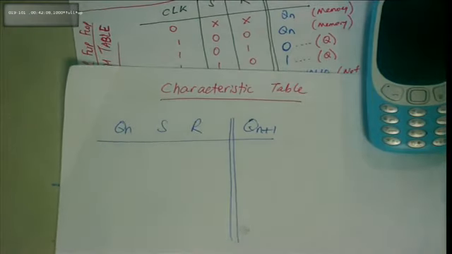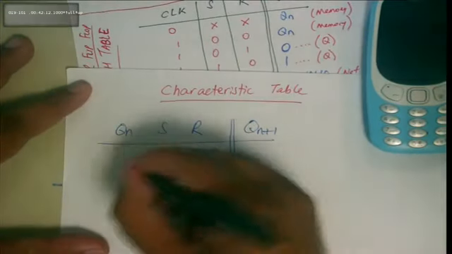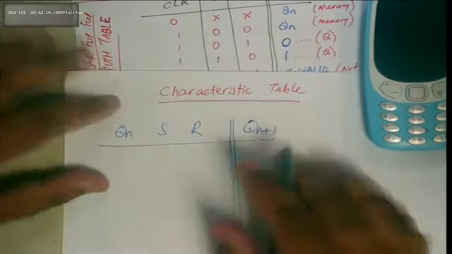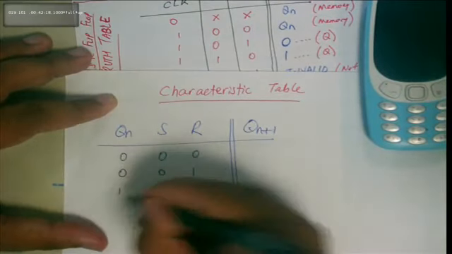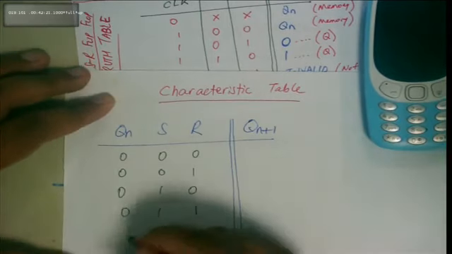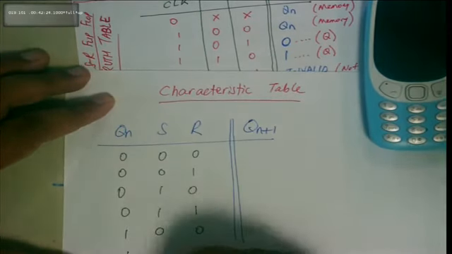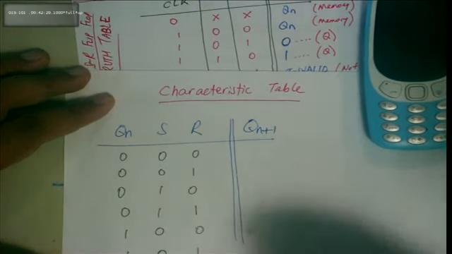Now 3 inputs, obviously there will be 8 possible combinations: 000, 001, 010, 011, 100, 101, 110, 111. Is everyone happy?